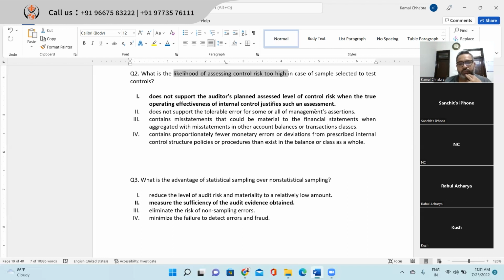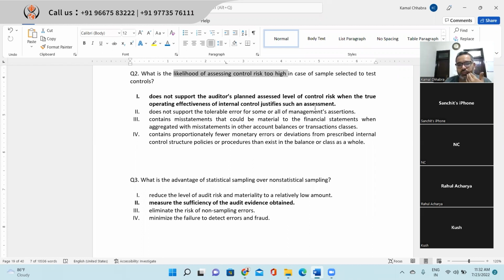What about third one? So that's also the value only because it's talking about the misstatement and the financial statement. Right. What is fourth one? So proportionate fewer monetary errors को समझ नहीं आता थोड़ा सा मतलब ये भी मतलब कि वैल्यू की मतलब monetary errors हो रहे हैं. Yeah, monetary error is value, right?